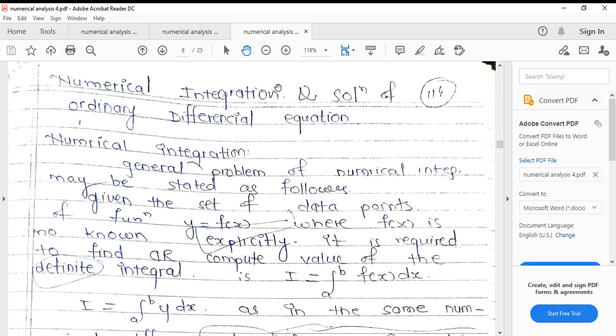Now everyone knows about integration. I think you have studied it in 10th, 11th and 12th standard. What is integration? In general, we can say integration is nothing but finding the area under the curve. If you have been introduced to the concept of Riemann integration, why was Riemann integration introduced? We already had the concept of integration, but we introduced Riemann integration because we don't know how to find the area of an arbitrary shape of a surface.